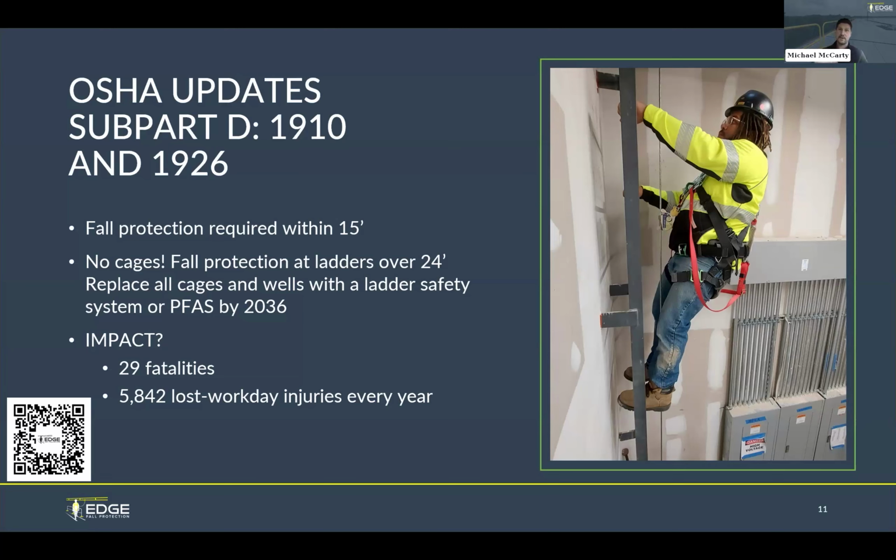People are falling down still, and sometimes they're banging themselves up worse on the way down than had they just fallen. So what's going on now is OSHA requires some sort of fall protection system at any ladders that are over 24 feet. We have until 2036 to swap all these ladders out with some sort of personal fall arrest system.